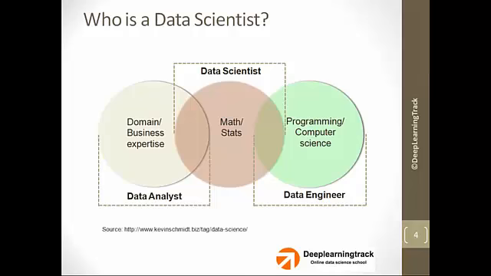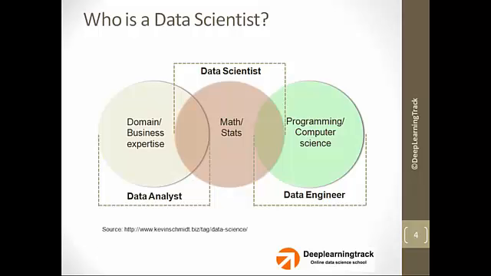We also wanted to take this opportunity and give you some thoughts around what really differentiates a data scientist from a data analyst and a data engineer, right? Broadly, these are the three core skills required in this field.